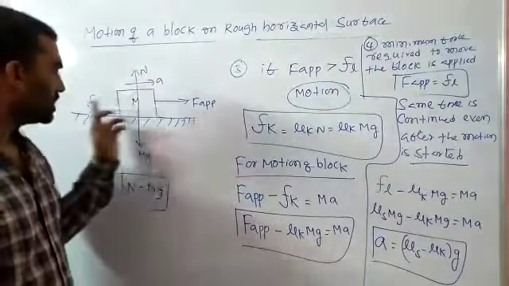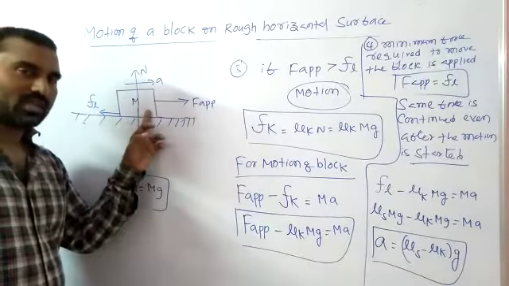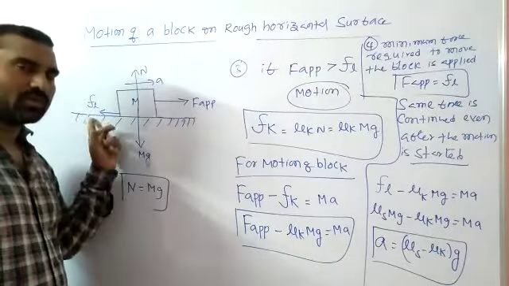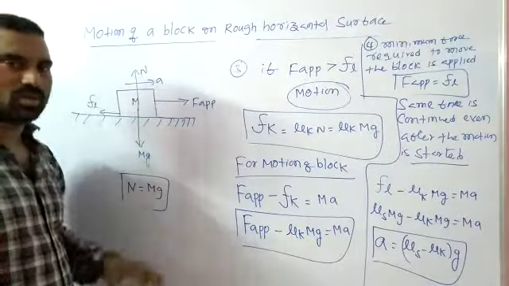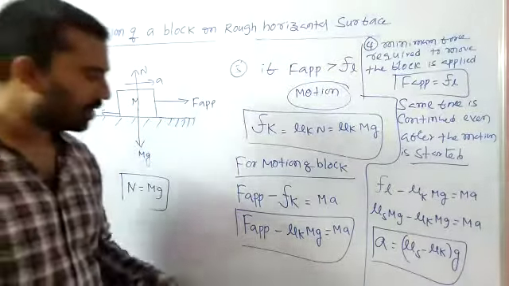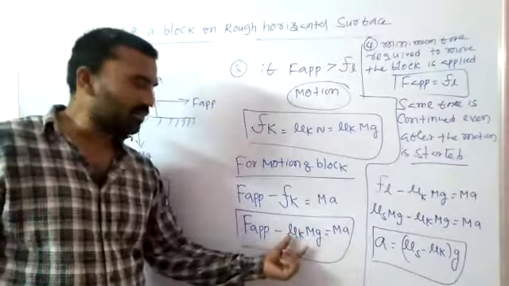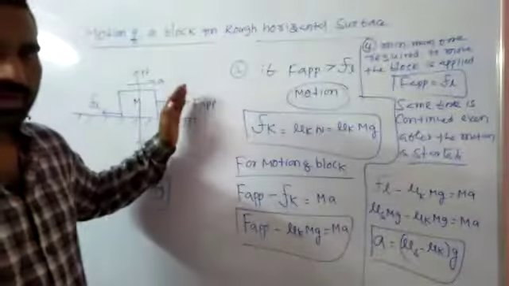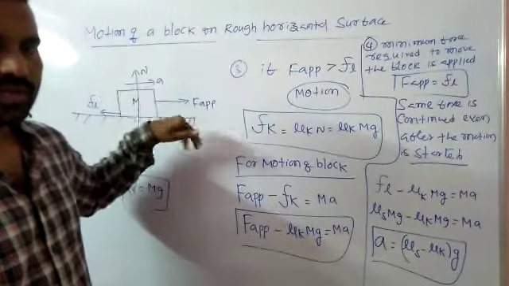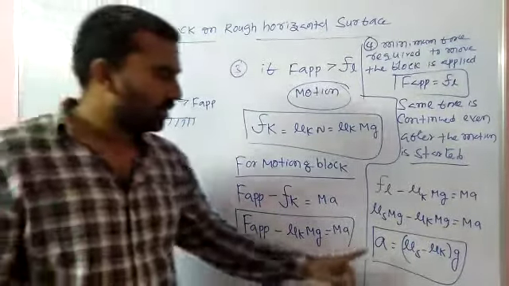If applied force is less than friction, the block is at rest. If applied force is equal to limiting friction, the block is ready to slide. If applied force is greater than limiting friction, the block is in motion. For motion of the block, applied force minus kinetic friction equals ma. If the minimum force applied to move the block continues even after the motion started, what is the acceleration formula?